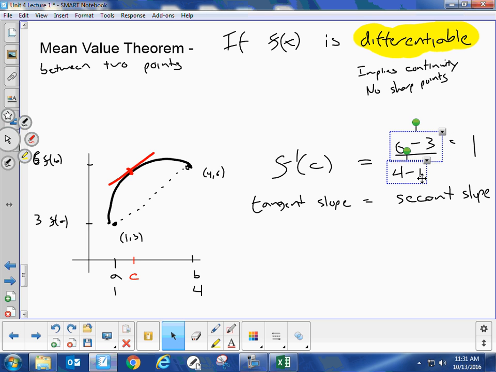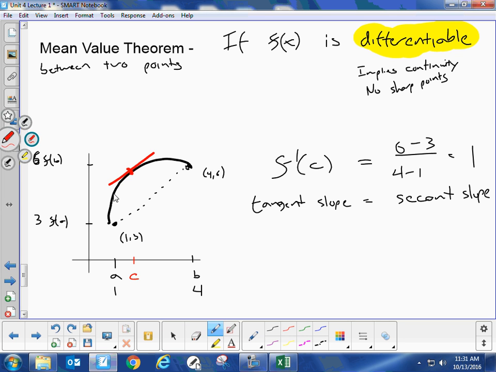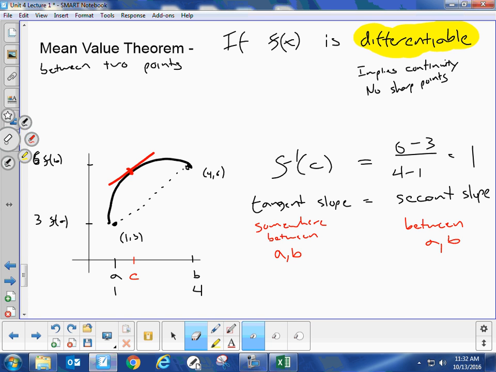And the key is the C value has to be between A and B. The tangent slope somewhere between A and B must equal the secant slope between A and B. That is the mean value theorem. I'm not going to write down the entire definition. We'll just go with that.